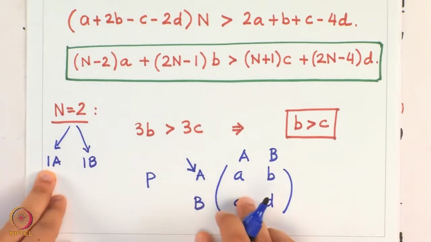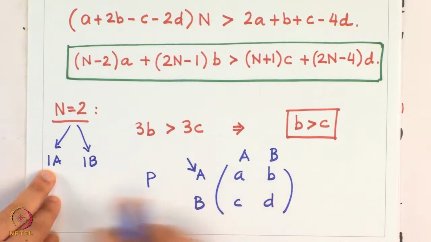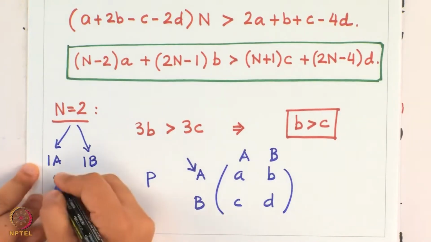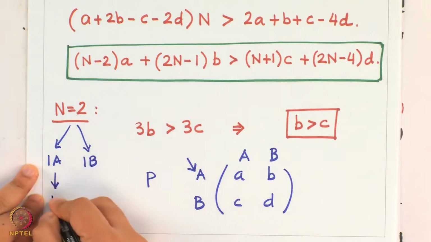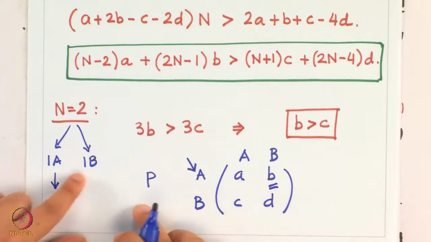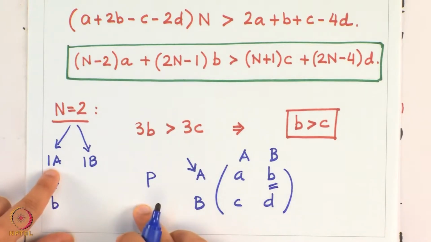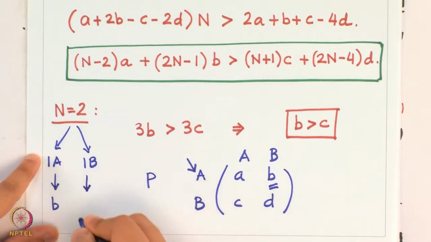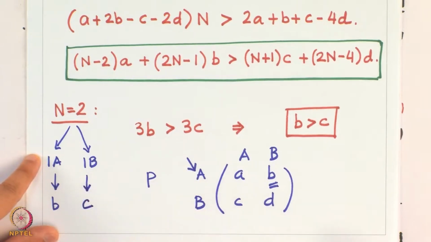So, this A, which is always growing in the neighborhood of B, is going to grow at the rate which is decided by the element B of the payoff matrix, and the B individual which is growing in the neighborhood of the A individual is, according to the payoff matrix, going to grow at a rate which is a function of the C variable.